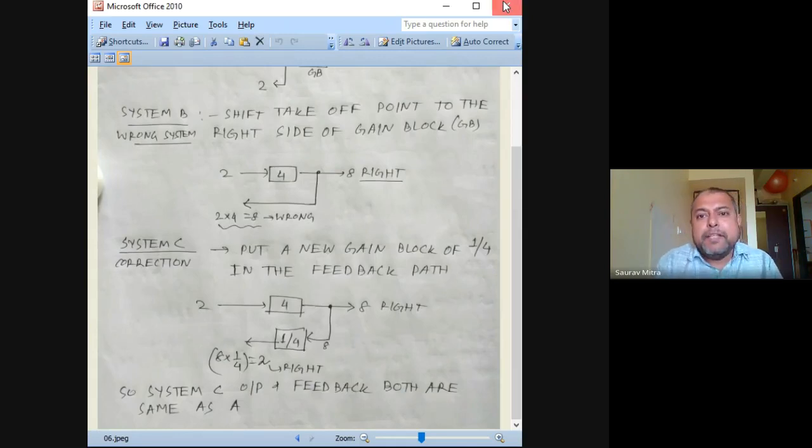So now I'm stopping this presentation, but I will open another presentation, which is actually the numerical part. Give me some time, and I will open a PDF, and through that PDF I will explain some numericals, and there we will see exactly how to solve them using the block reduction technique.